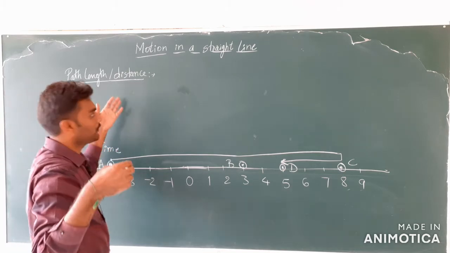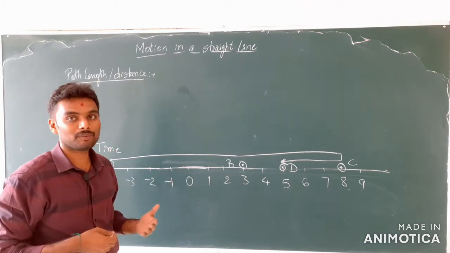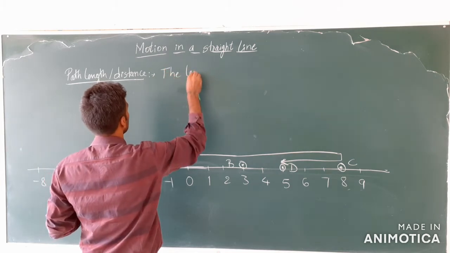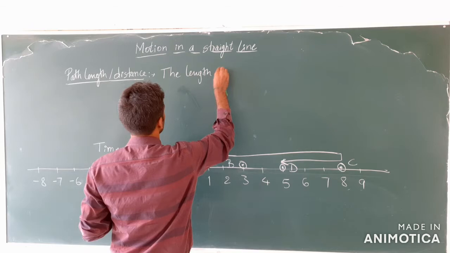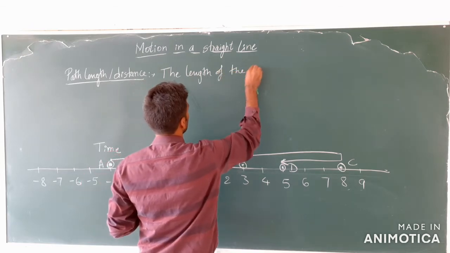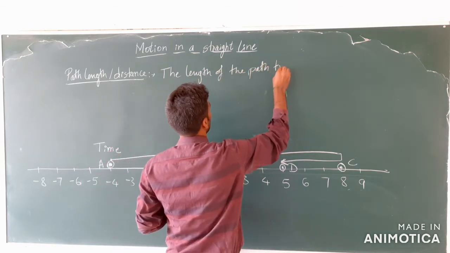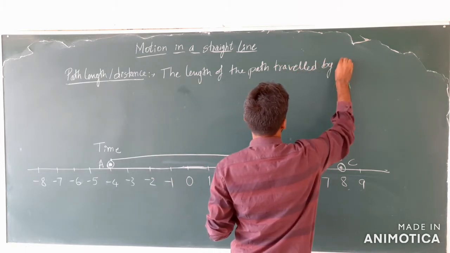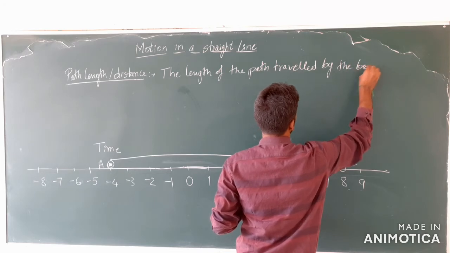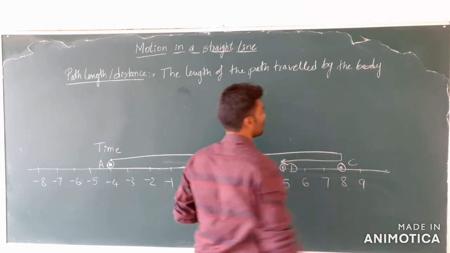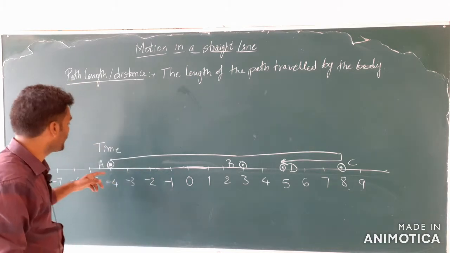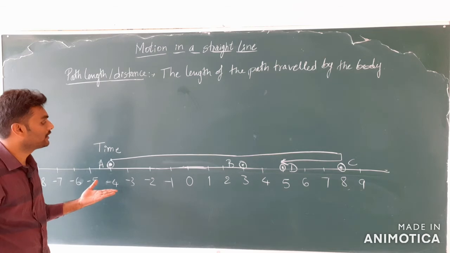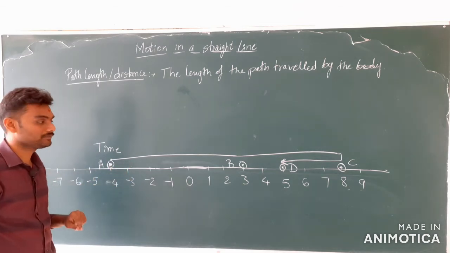So if I ask what is distance or what is path traveled by the body, then it is very simple, the length of the path traveled by the body. Now, what is path length or distance traveled for this example?